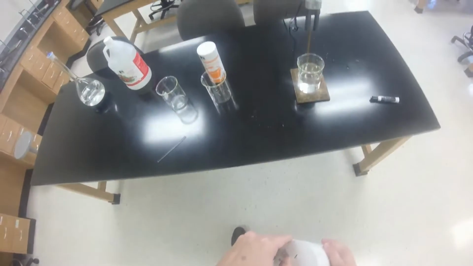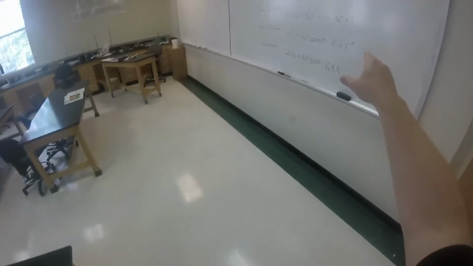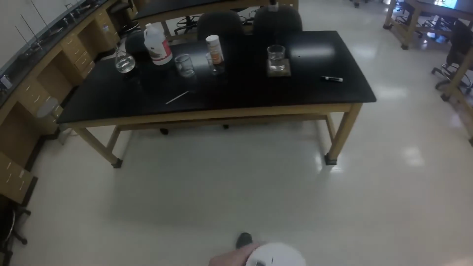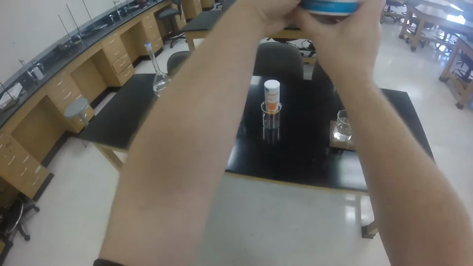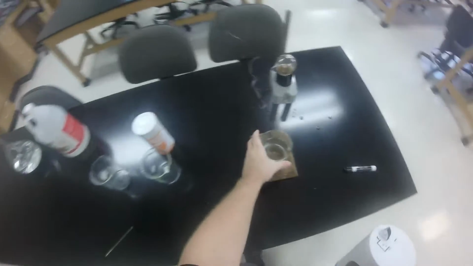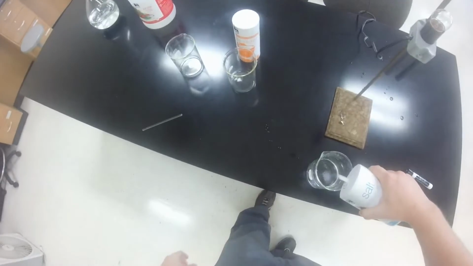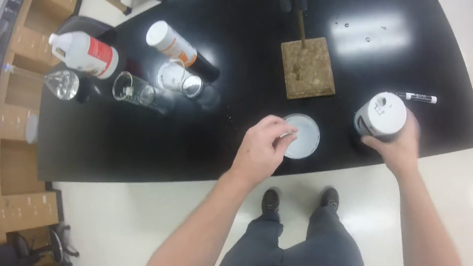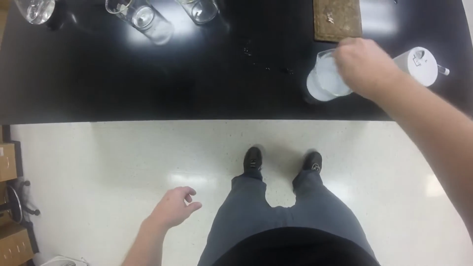Okay, so we need charge carriers in the solution to actually make this filament light up. So strong electrolytes, which will completely fall apart, will give us the most charge carriers. So here we have our salt. Now if we add a little salt to this solution, we're going to pour in some, and we're going to stir it up to get it to go into solution.